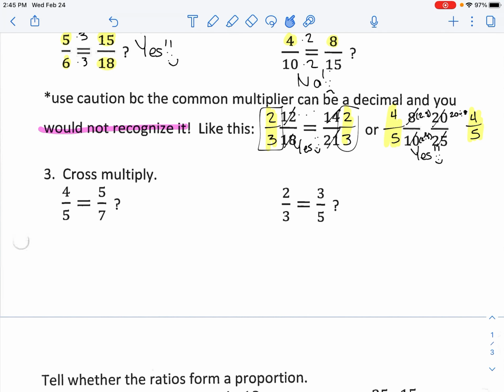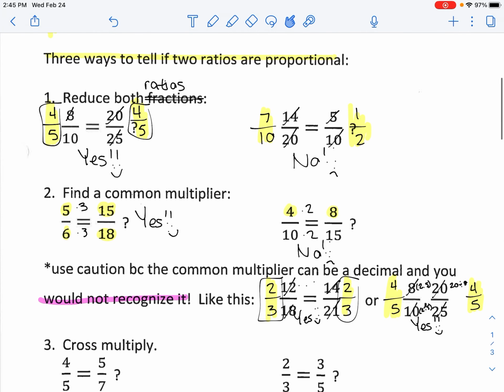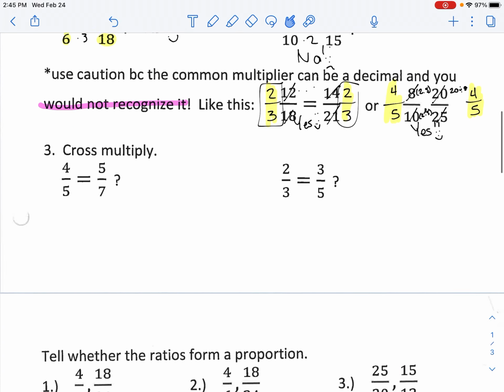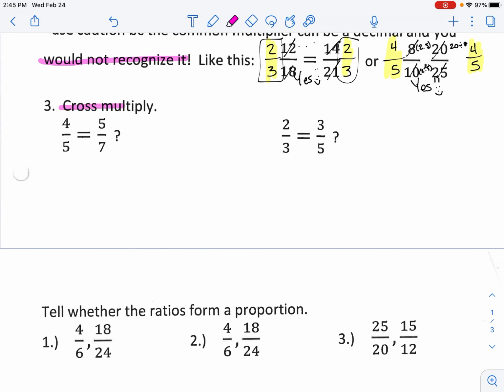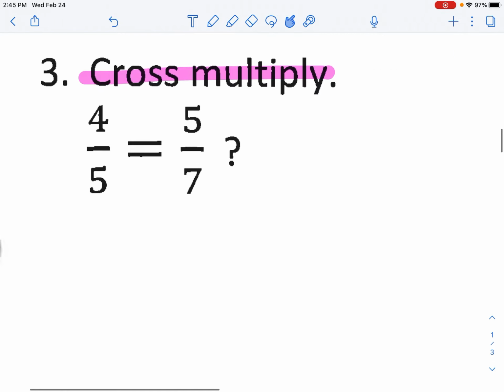All right. Cross multiplication is the third method. So you can either reduce both ratios to lowest terms, or you can find a common multiplier, or you can cross multiply. So is 4 to 5 equal to 5 to 7?